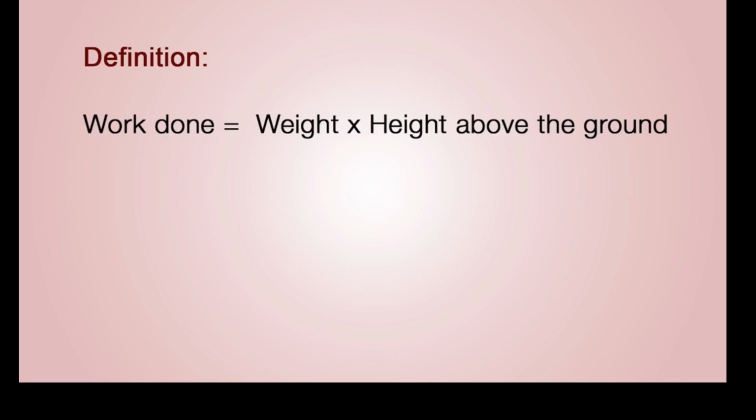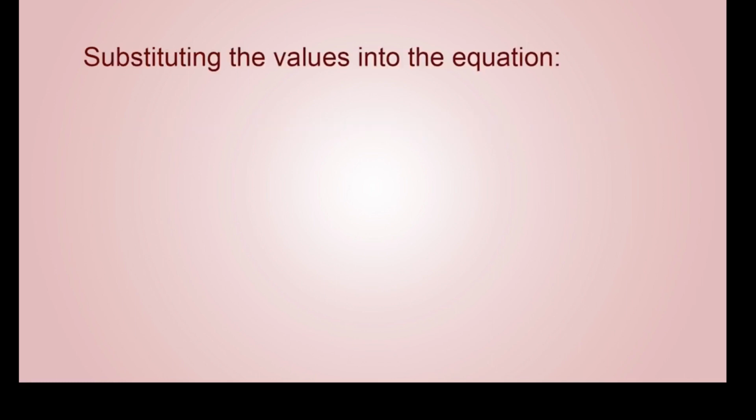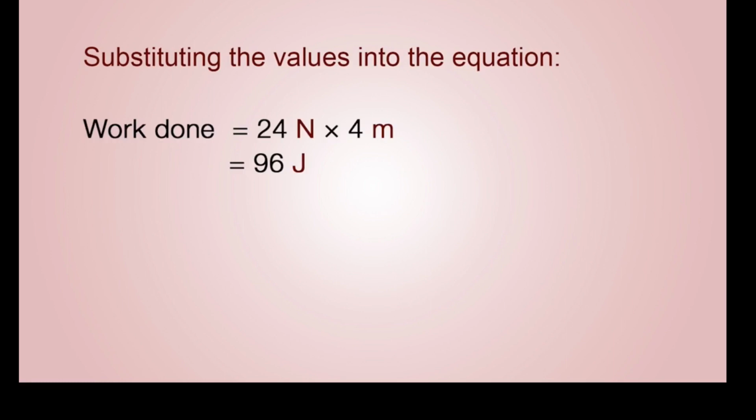By definition, work done is equal to weight multiplied by the height above the ground. So we substitute the figures into the equation. Work done is equal to 24 newtons multiplied by 4 meters, which gives a final answer of 96 joules. Therefore, the work done by the girl in lifting the book onto the shelf is 96 joules.